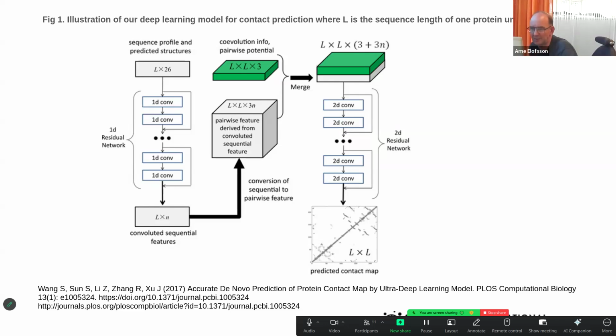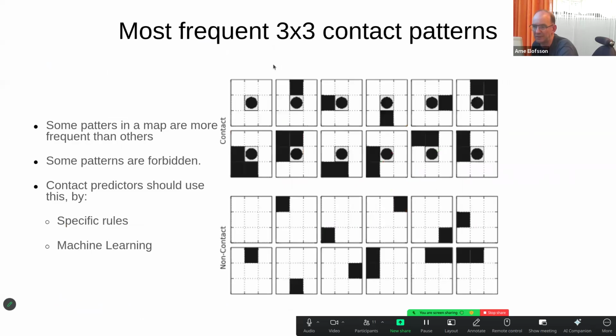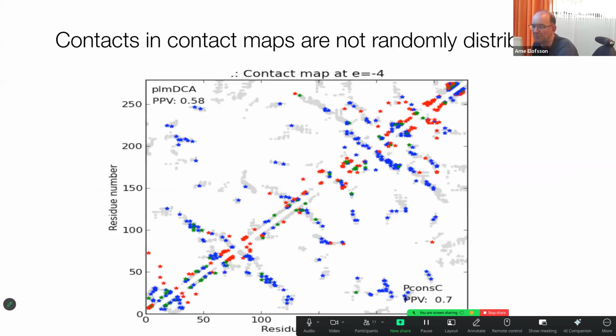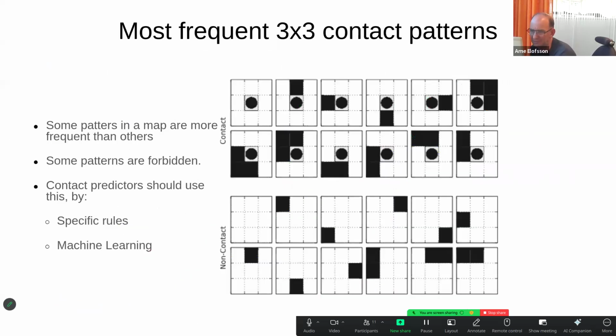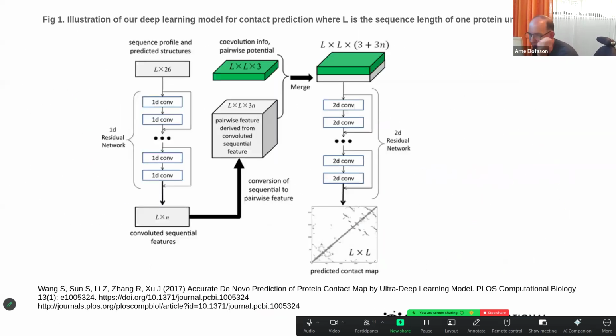So the input in the model is actually these predicted contacts. So the input is these DCA predictions, basically this type of prediction maps, plus some extra information. They use this PLM DCA as an input, so they do not handle the multiple sequence alignments directly.